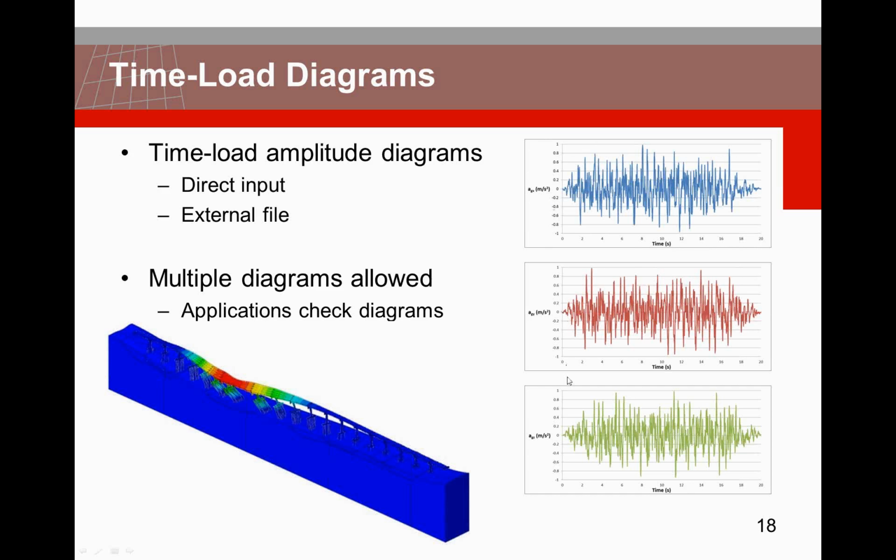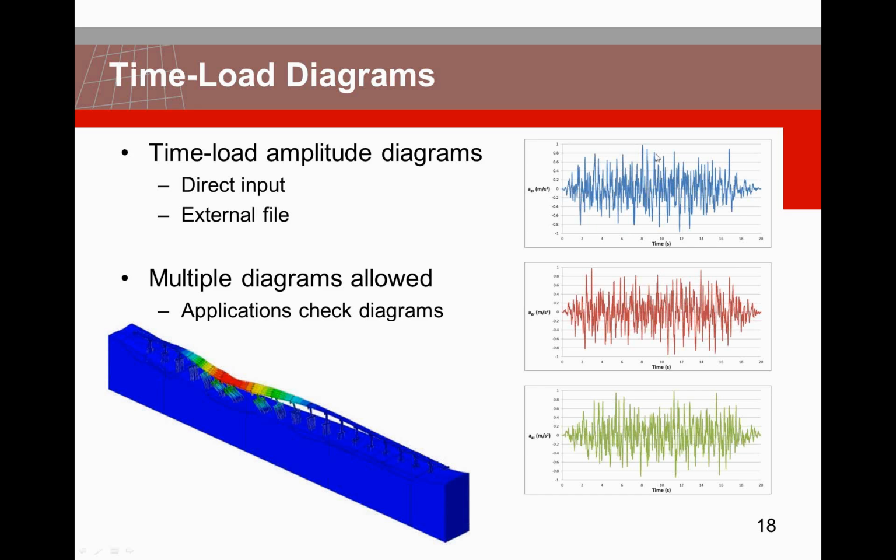So you have two horizontal ones and you have one vertical one. So you just give your acceleration. What you can do, for instance, is set your base excitation by default to 1 meter per second squared, and your time load diagram is then directly your accelerogram.